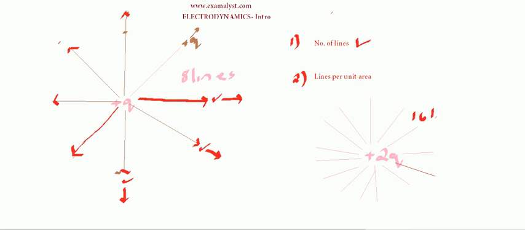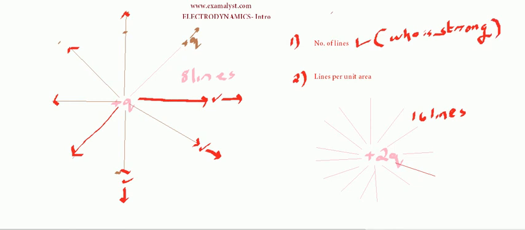So I claim that these lines diagrammatically represent who is stronger. The number of lines can represent the quantity who is strong. Obviously someone who has more number of lines is stronger and the charge is more.